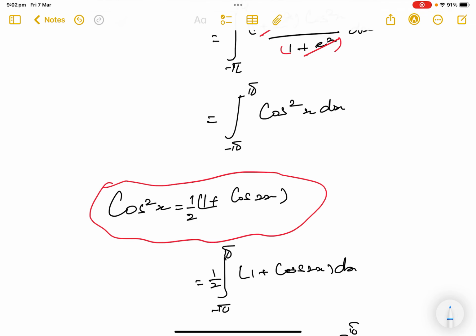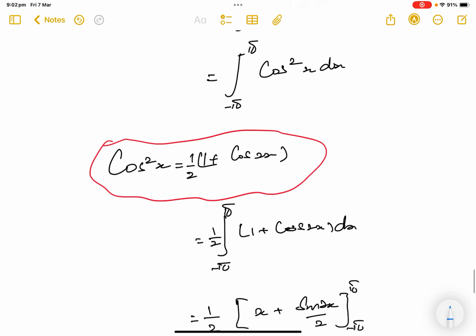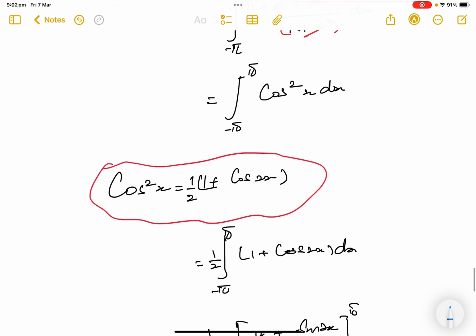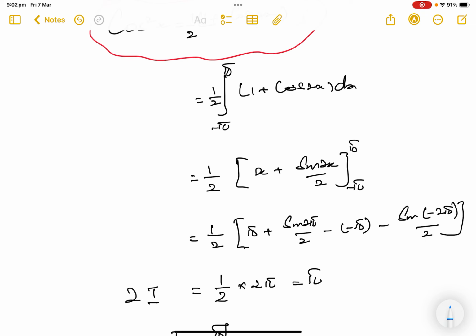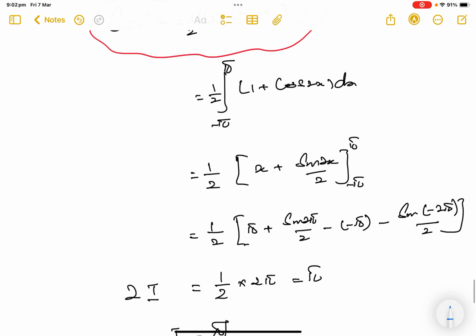Students should know that cos squared x equals half times 1 plus cos 2x. So instead of cos squared x, we substitute this. Half outside the integral sign, integral from minus pi to pi of 1 plus cos 2x, simply integrate. The integration of 1 is x, the integration of cos 2x is sin 2x over 2, with limits pi and minus pi.